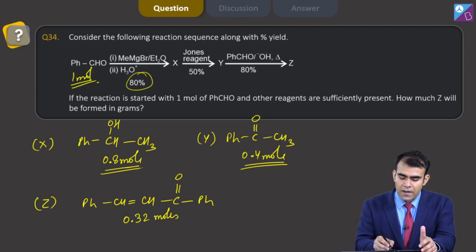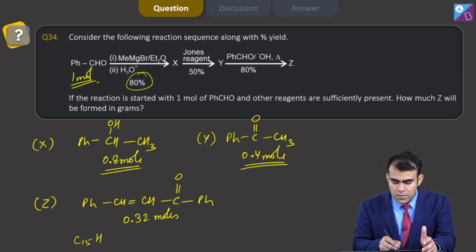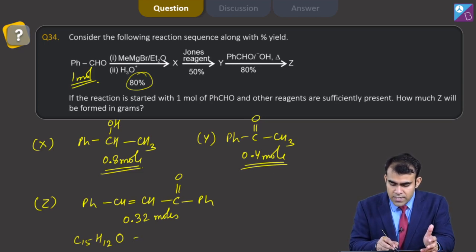Now here we have total 6 plus 6 plus 3, 15 carbon atoms. Number of hydrogen is 5 here, 5 here, that is 10, 11 and 12. 12 hydrogen and 1 oxygen atom, and if you calculate this, 15 into 12 plus 12 plus 16, this is 208.